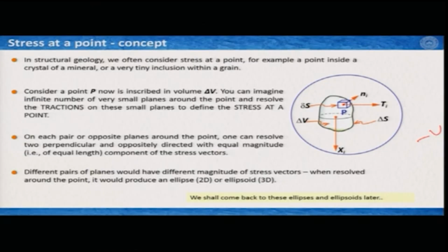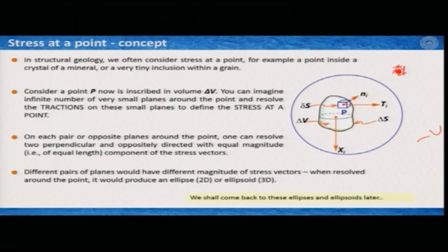and if I consider this as a point P, then actually I can draw an infinite number of surfaces around it. What I mean by this is, if I have this point P, then I can draw an infinite number of surfaces, and these surfaces are very small because they are around a point, and on each surface we can calculate what the stress is, because stress classically is defined as reactive force per unit area.